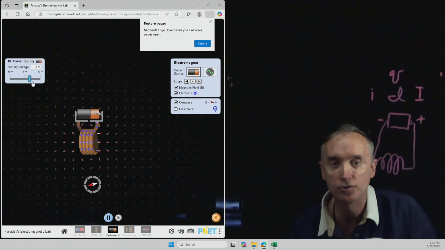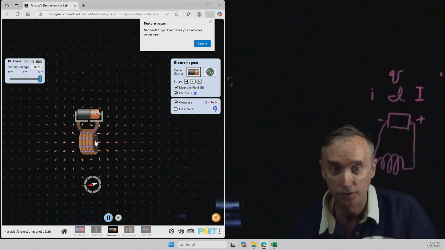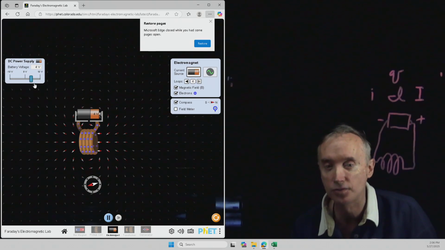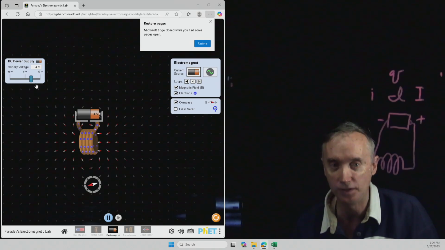Then another thing that you should notice is, look at the brightness. If I push this all the way to maximum voltage, do you see the brightness of these little compasses in here? And then as I lower the voltage, do you see that they're becoming dimmer? So what do you think? What does that mean about the magnetic field?